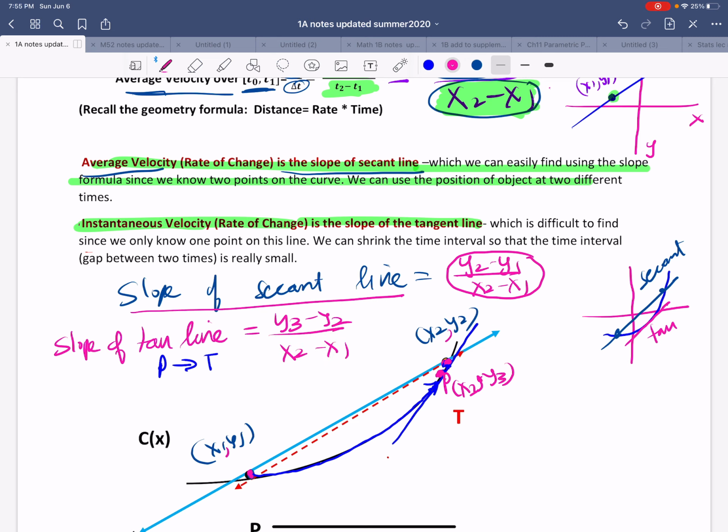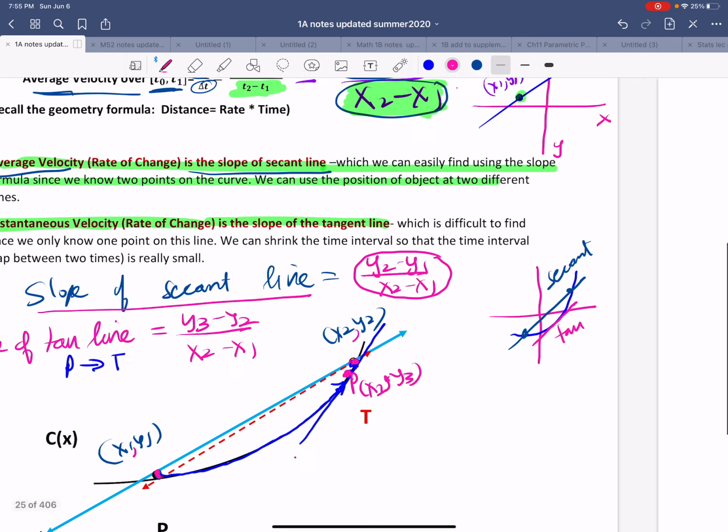That would be the slope of the tangent line, and again, that's our estimate. We brought the two points infinitesimally close to each other, and then we use the slope formula to estimate the instantaneous rate of change.